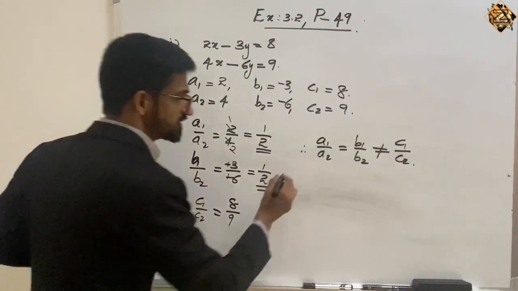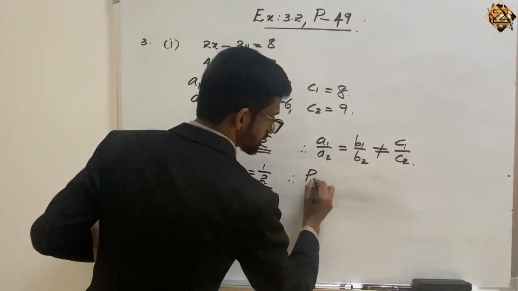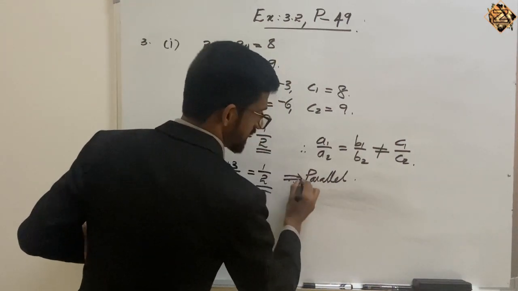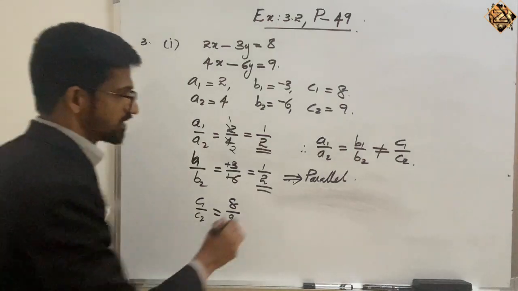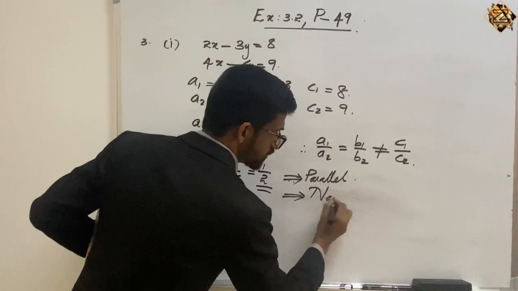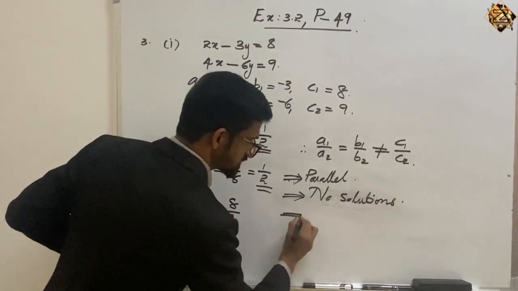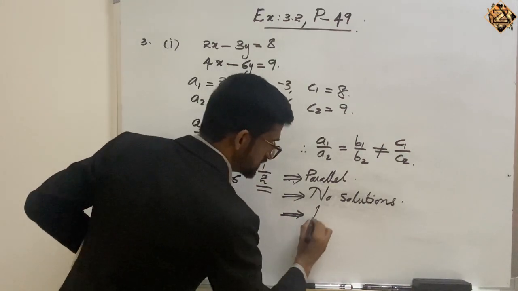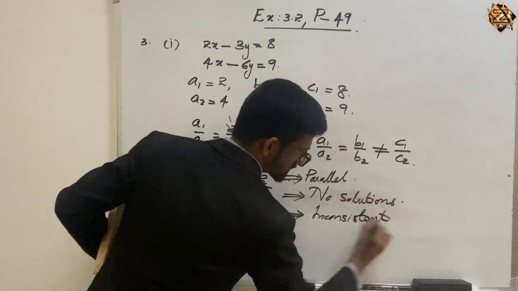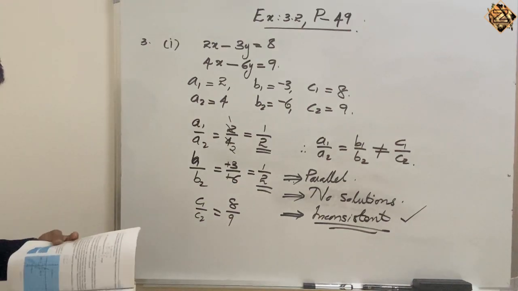Therefore the given pair of linear equations is parallel. If the lines are parallel, then there will be no solutions, which implies that the given pair of linear equations is inconsistent.